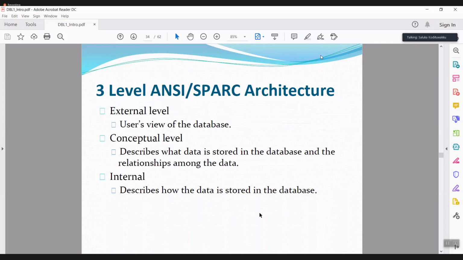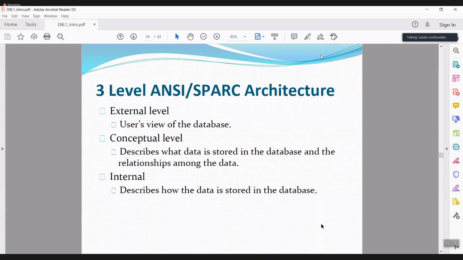In other words, different end users can look at our database differently. In fact, there is one global view of the database, which means the entire database. But in addition to that, different users can look at it differently. That is what we discussed last time.